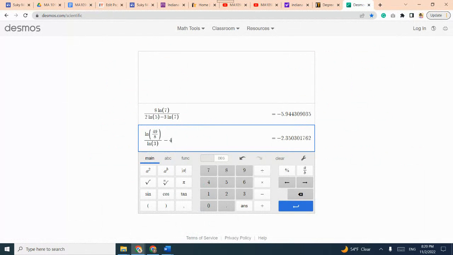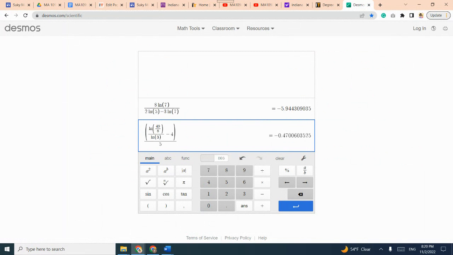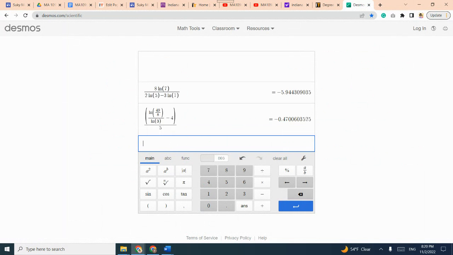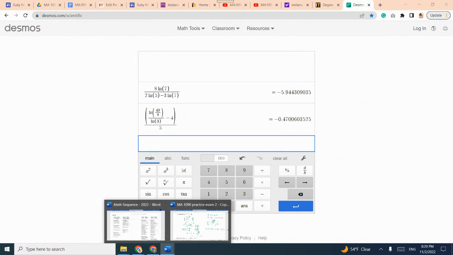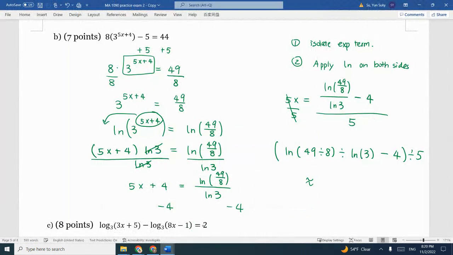Oh, you see, I missed a parenthesis. So I can input the parenthesis and go back. Now divided by 5. Our answer is negative 0.470. So negative 0.470.